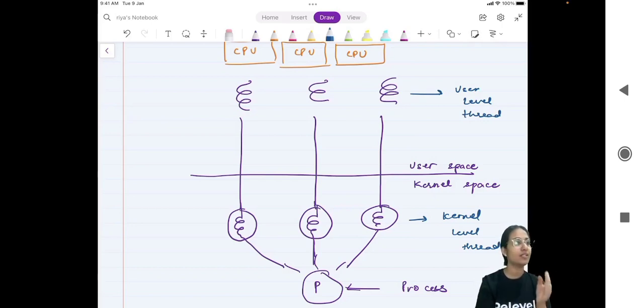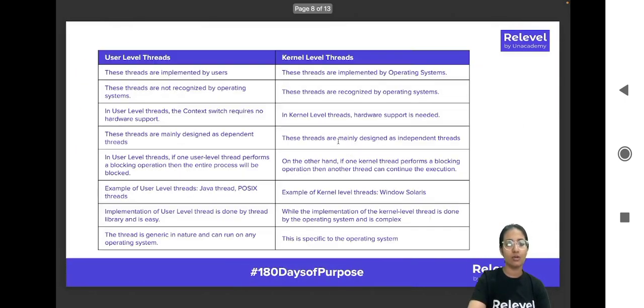The kernel maintains the context information for a process as a whole and for the individual threads of a process. Scheduling by the kernel is done on a thread basis. The kernel takes care of thread creation, scheduling, and management in the kernel space. But like I said, kernel threads are a little bit slow to create and manage compared to user threads.